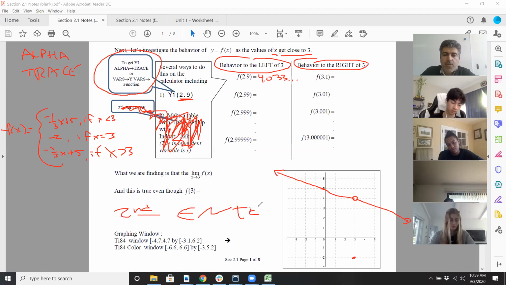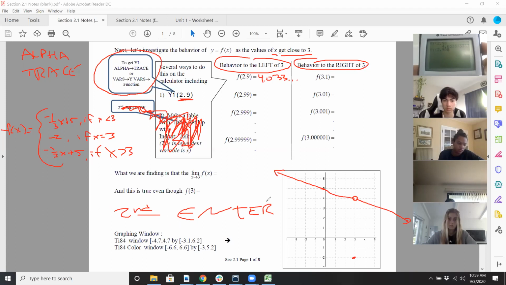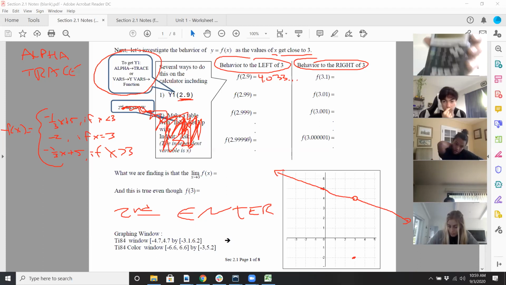It repeats your most previous entry, and then I can just change the input. Now my input's going to be 2.99. And if you do that, I get a new output. The output's pretty close, but a little different. Now it's 4.003 repeating.